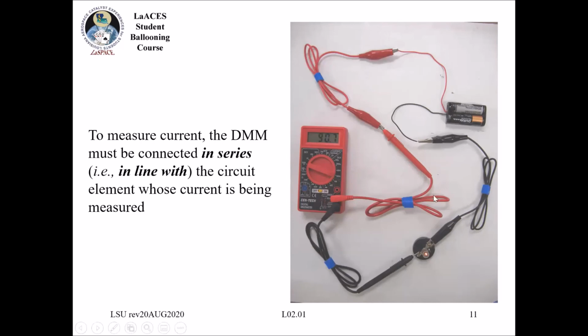And if we just take a look again at how the current is flowing in the circuit, we have it coming out of the battery and around, and then it goes into the red lead, the positive lead, and then it goes out through the common lead, and it comes back around across the lamp and back to the ground of the battery. So you can see that there's a big current loop here, and that this way our meter is in line with the entire circuit, and so it's going to measure the current across the entire circuit.